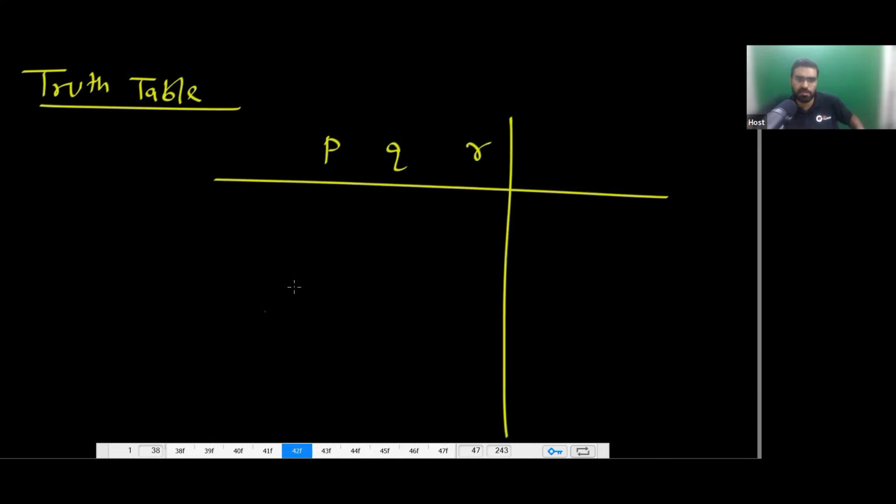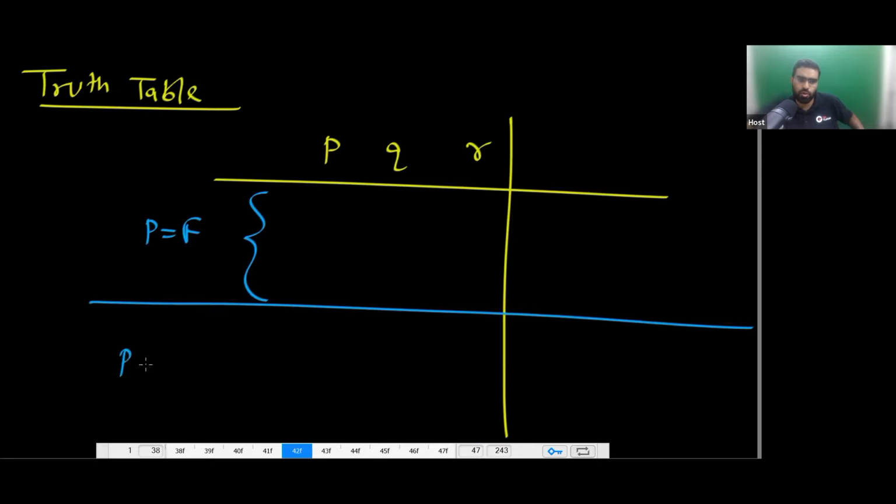In the truth table, if you are creating a truth table and let's assume you have 3 variables P, Q, R, the same thing you do. You know that either P is true or P is false.